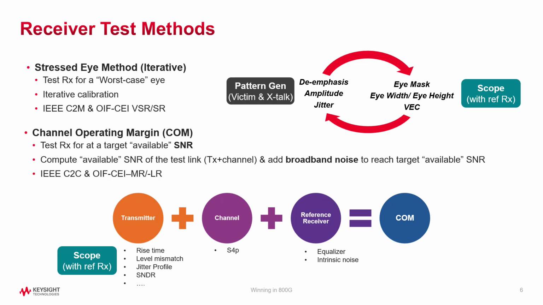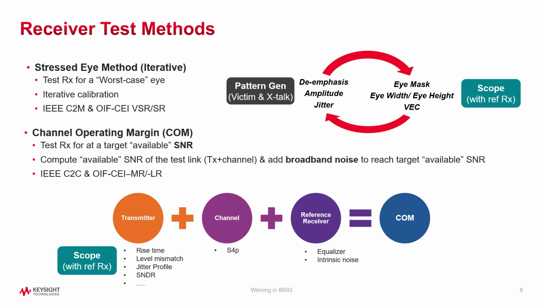The COM method means that the receiver is supposed to operate under a certain level of operating margin and accommodate with it. The COM will utilize the adaptive equalizers to accommodate a wide range of impairment combination of crosstalk, jitter, or random noise.